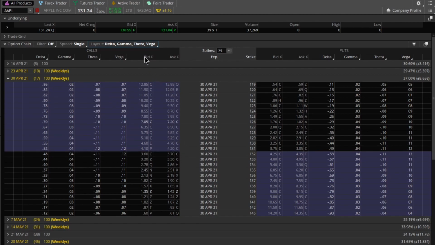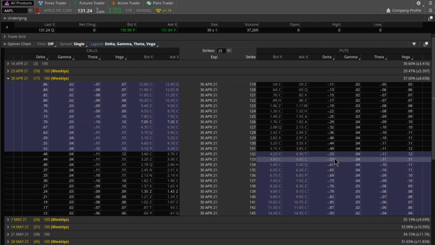A quick recap: bid is the highest price buyers are willing to pay, and ask is the lowest price sellers are willing to sell. When the market is live, the bid and ask prices will constantly update as new orders are placed. For simplicity's sake, let's say it costs you $3.60 to buy this call option. If the stock price of Apple increased by $1, your call option will increase by 48 cents.